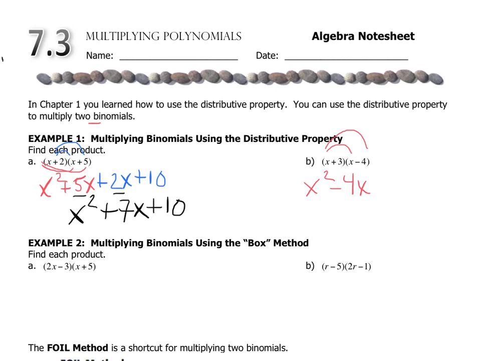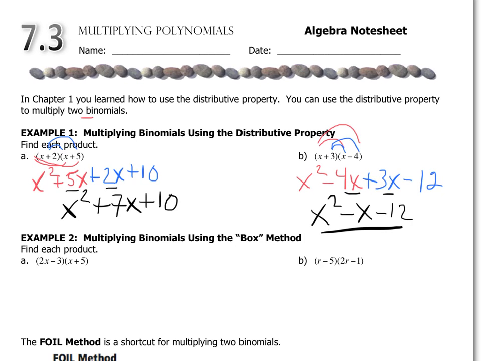Then I would go to the 3 to get 3 times x, which is 3x. And then again to the 3 times -4, which is minus 12. Once I combine my like terms, x's can go with x's, we would get x squared minus x minus 12. And that would be your answer for that.